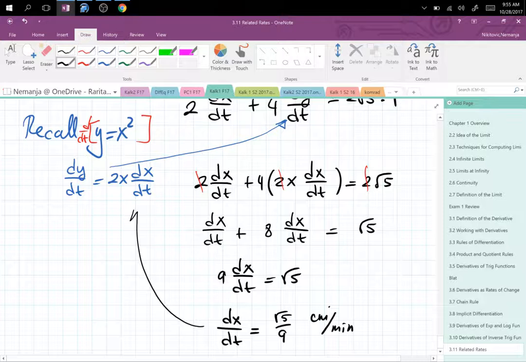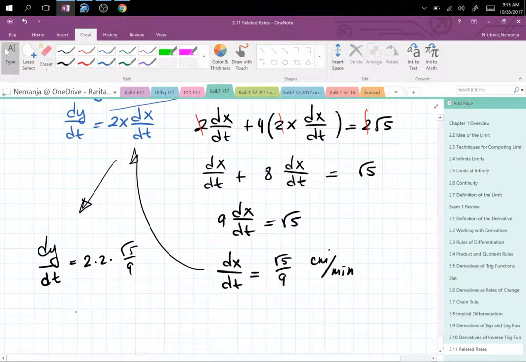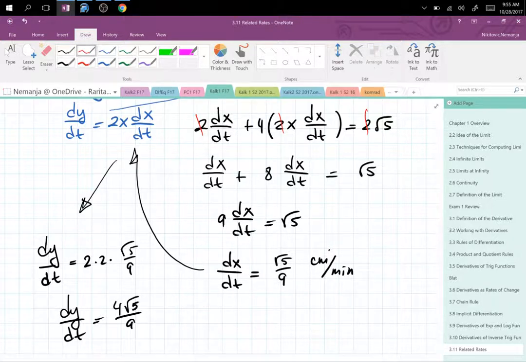Now you plug that in there to come up with dy dt, which is 2 times 2 times root 5 over 9. And we get that dy dt is 4 root 5 over 9. There they are.